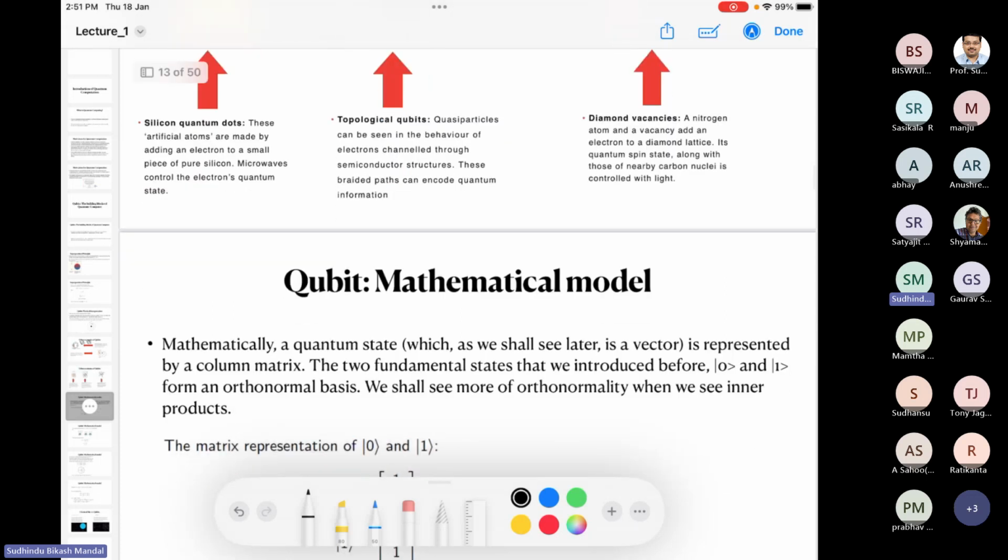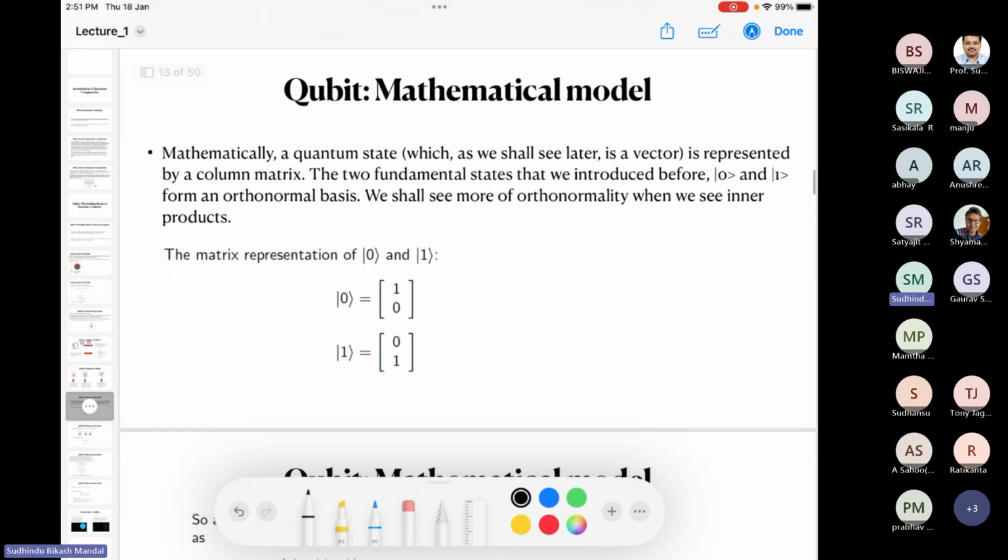Now let's come to the mathematical model of a qubit. I will not take much more time to describe the mathematical model. A qubit has pure states 0 and 1, and it belongs to the Hilbert space.